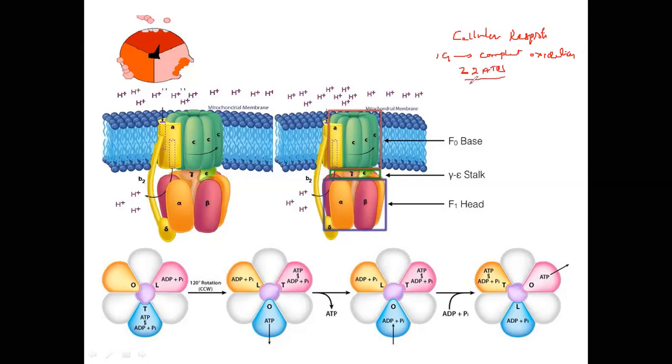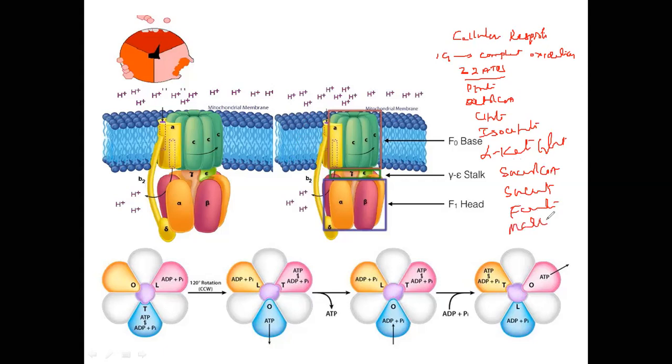Apart from that, it produces pyruvate, acetyl-CoA, citrate, isocitrate, alpha-ketoglutarate, succinyl-CoA, succinate, fumarate, malate, and oxaloacetate.